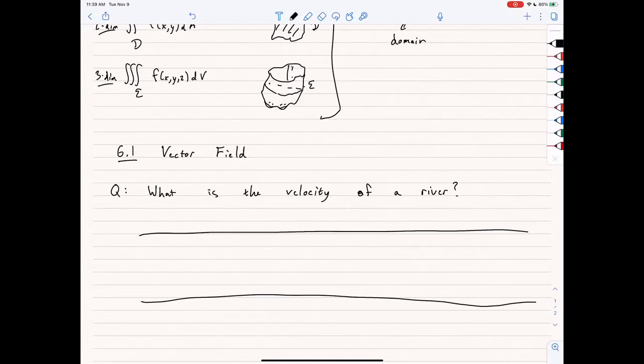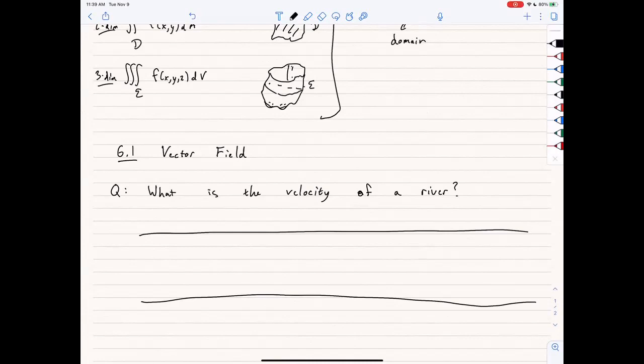Flow rate? Okay, hold on. Really? Yeah, there's a flow rate. That's a good idea. Flow rate where? The output? Where's the output? Wherever I start and finish. Okay, but there's evaporation.